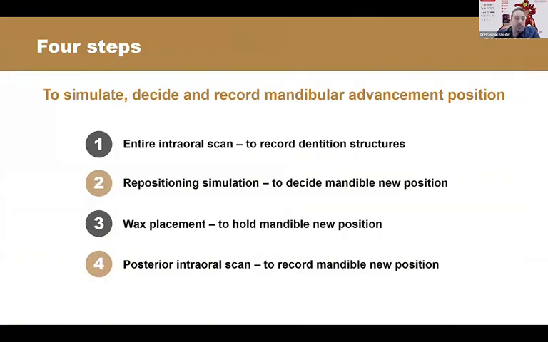This is very important. Second, repositioning simulation. We have to decide the new mandibular position and train the patient on it so they will take it easily when we put the wax for the patient. Then the wax placement is to hold the new mandibular position, and then the posterior intraoral scan to record the new position of the mandible while the patient is forwarding his mandible.